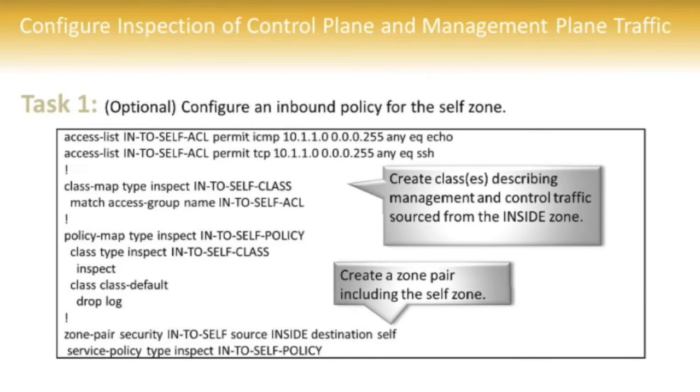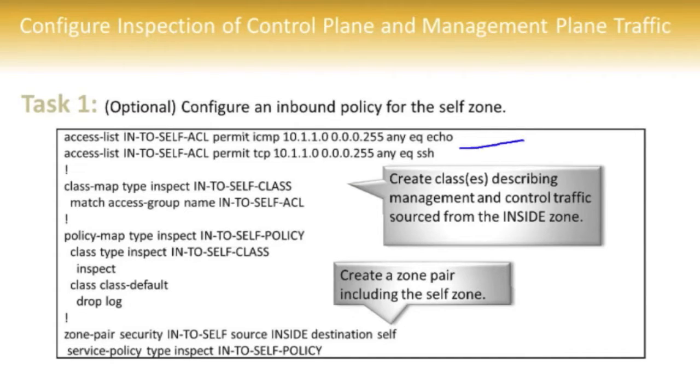We are going to create classes that, once again, dictate the particular traffic that we are going after, and we are going to tie these into a policy map, and we're going to tie this into a particular zone pair. So let's walk through it step by step.